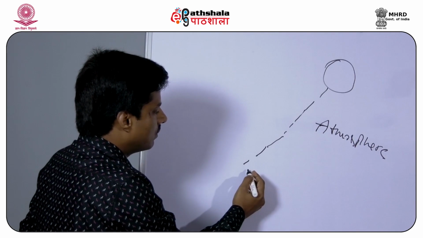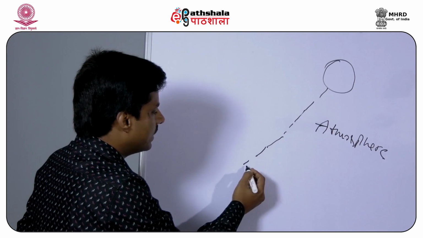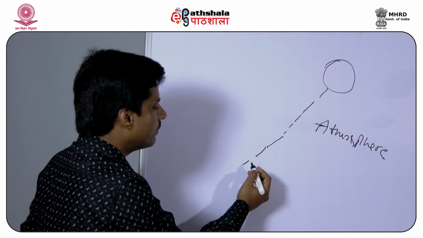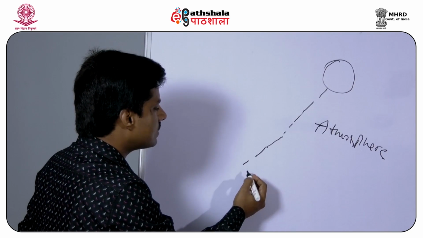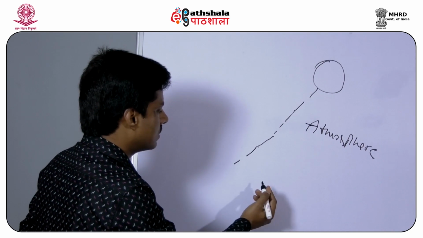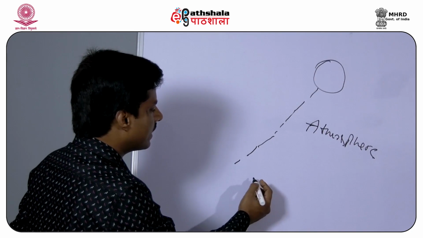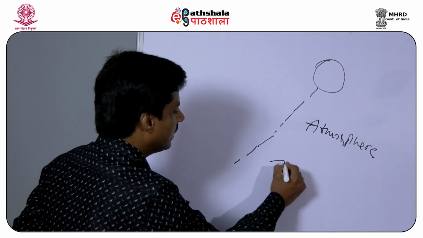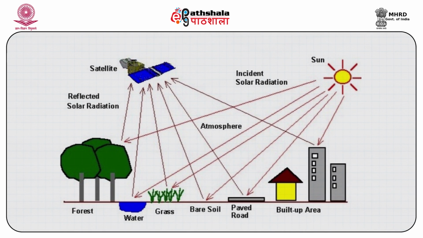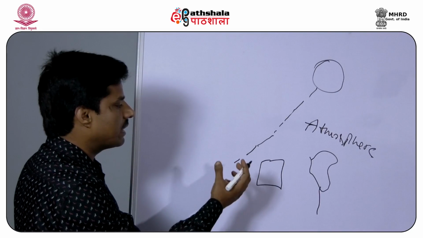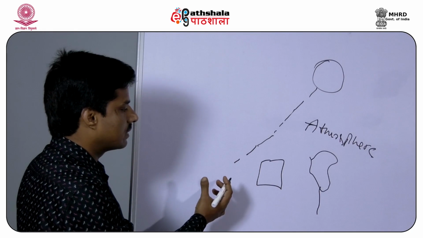A part of the solar radiation reaches the surface of Earth and strikes various objects. You have seen in figure 1 there are several objects like buildings, trees, soil, and river. You have all these objects on the surface of Earth.